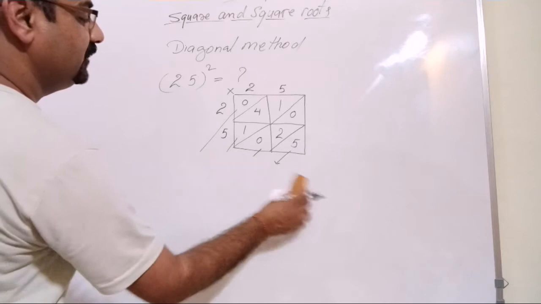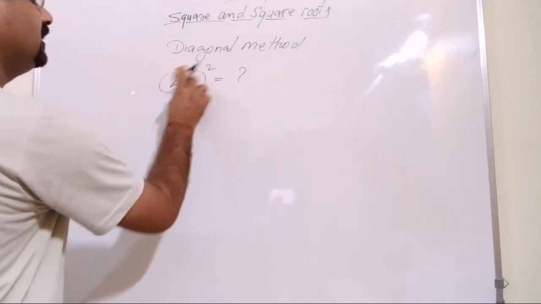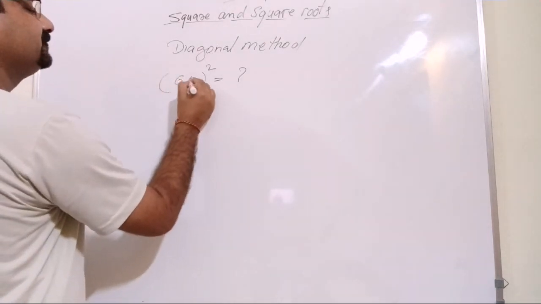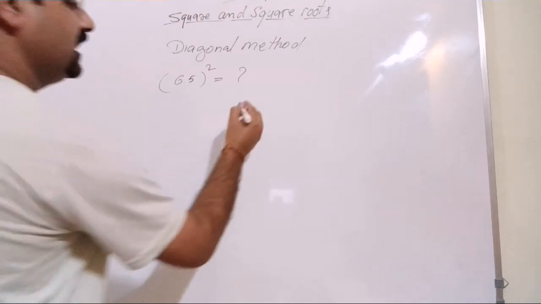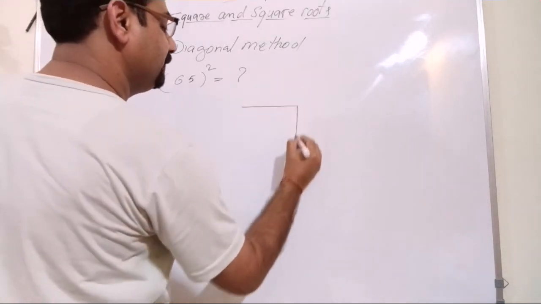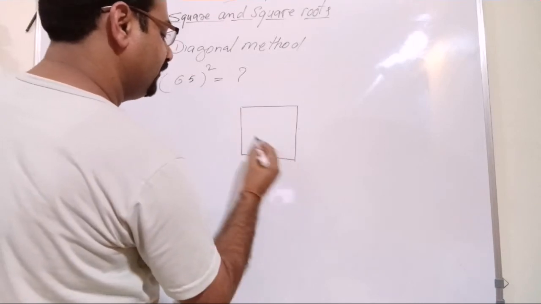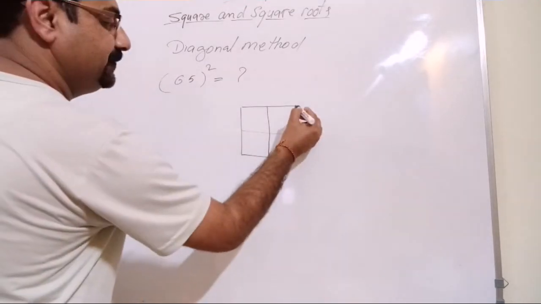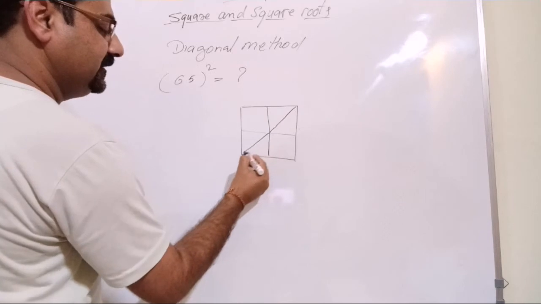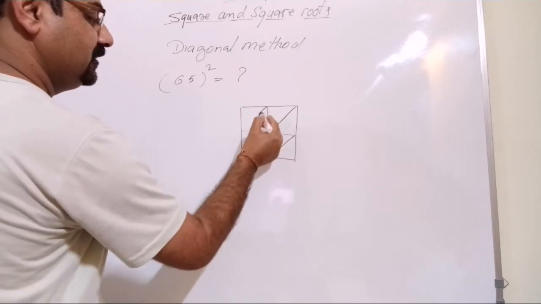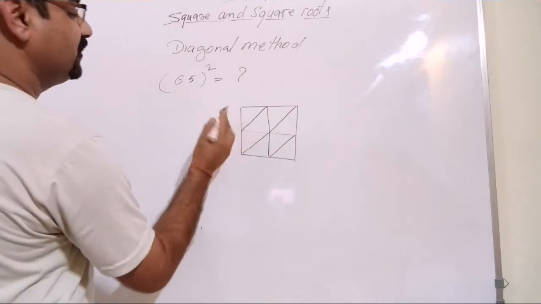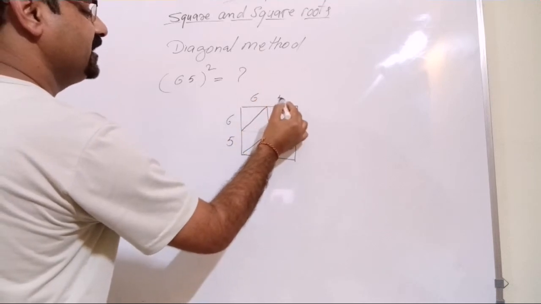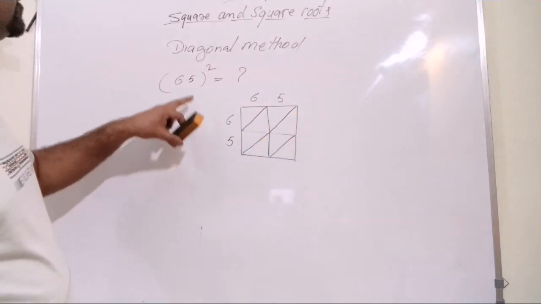Now beta, if I have any number more than 50, like 65, then how to find the square of 65? Again, we first divide the box diagonally. In front of the box I write 65, and on the top of the box I write 65 again, because we have to find the square of 65.